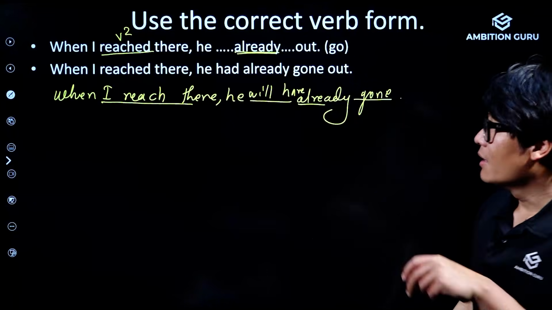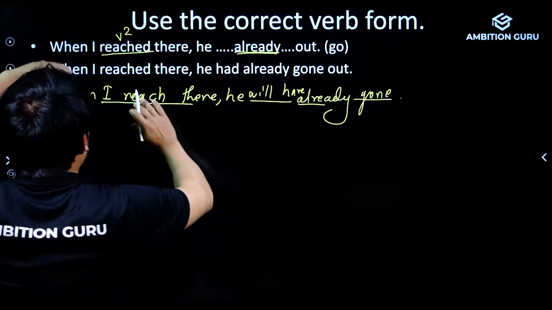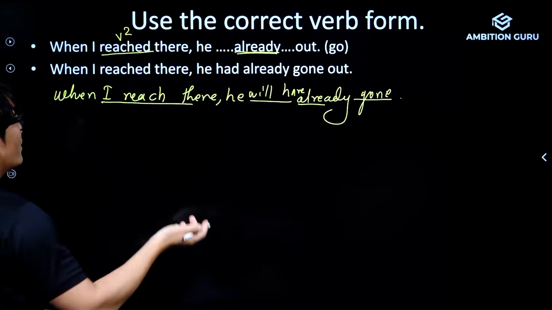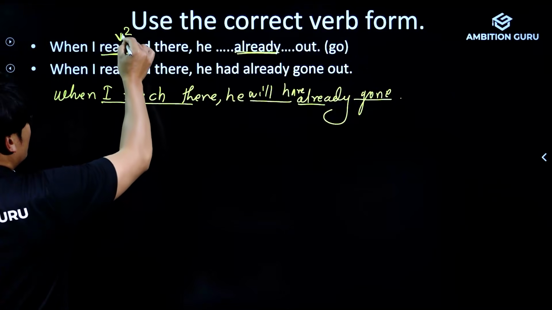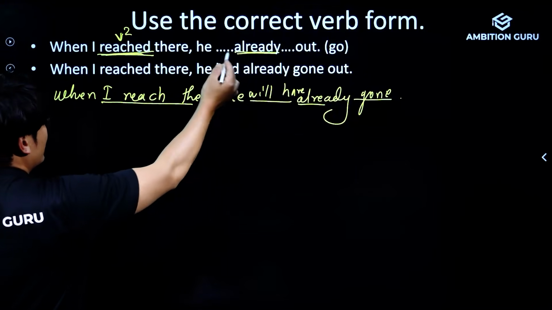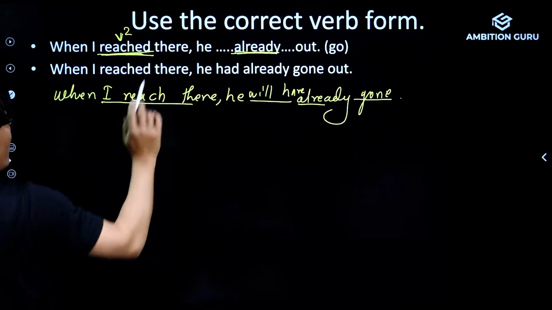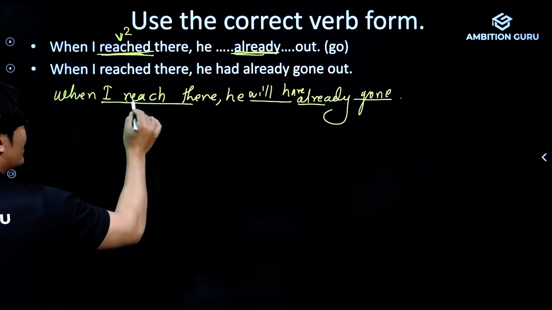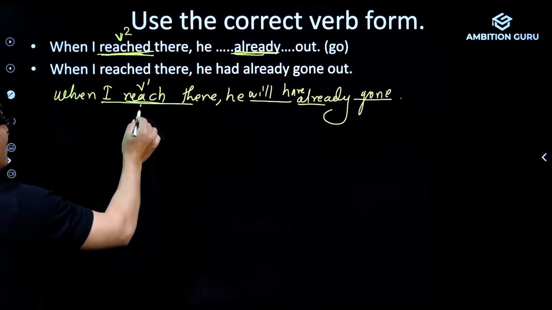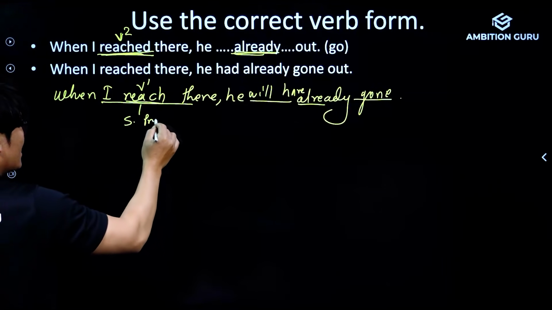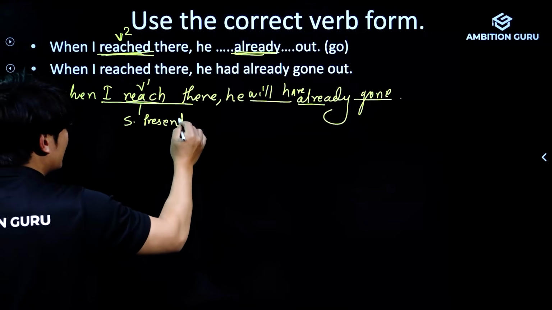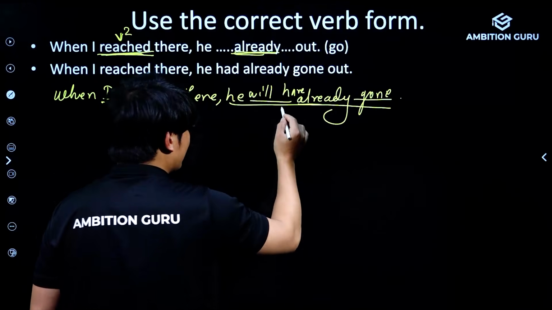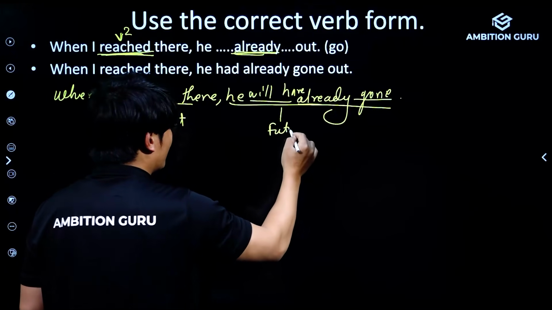Did you get? Now, what's the difference between these two sentences? Let me tell you. Here is a verb 2, that's why this is a past, so it should be past perfect, because here is already. Here you can see I reach. Reach is a verb 1. This is a simple present. When simple present is here, then here should be future perfect.